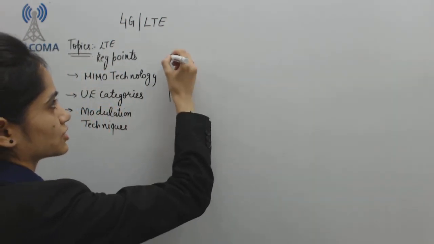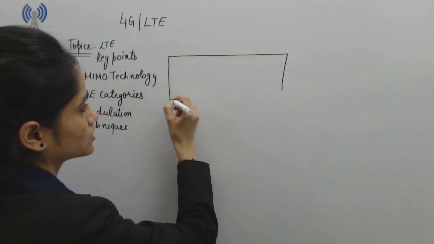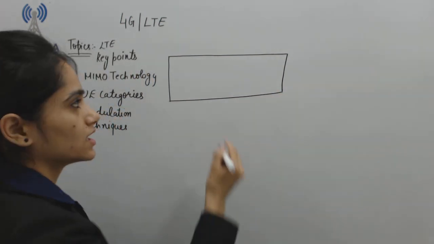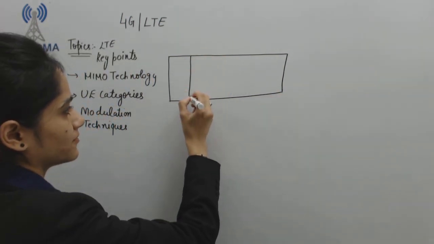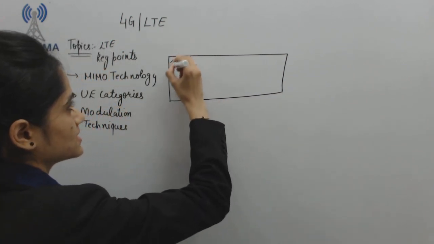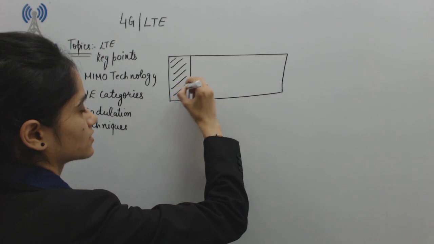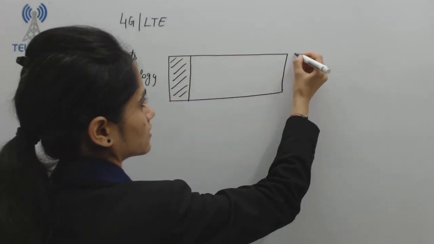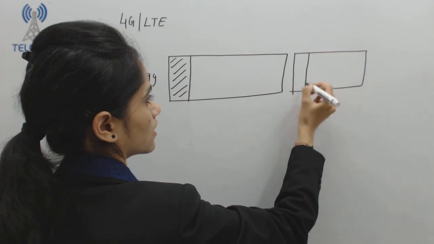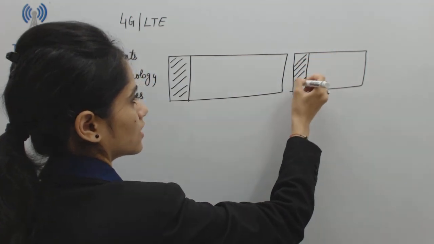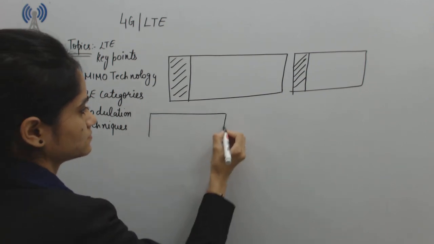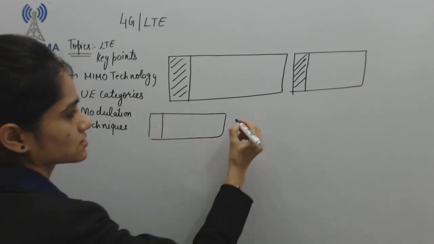In the previous lecture, we discussed the normal cyclic prefix in the LTE frame. In normal cyclic prefix, I need to use 7 symbols: first, second, third, and so on up to 7 symbols.